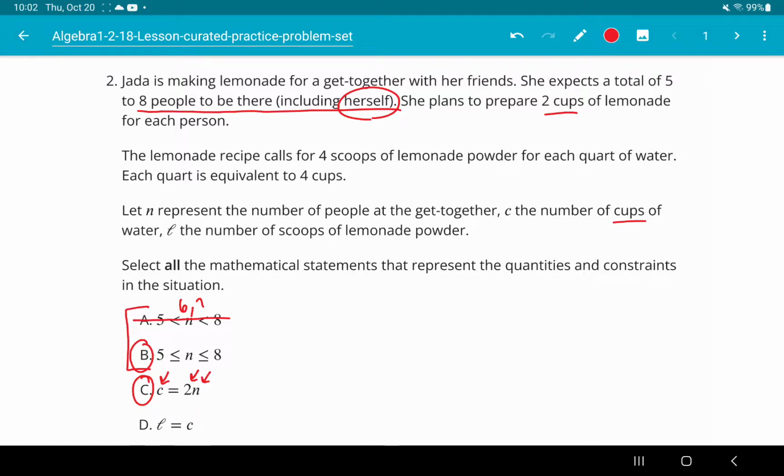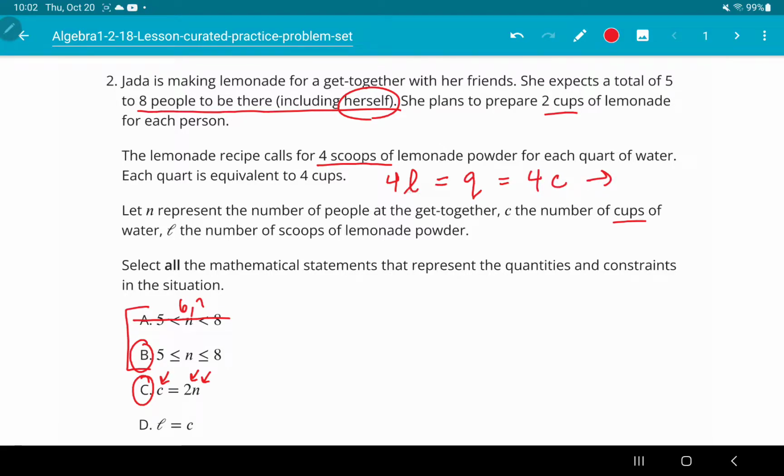And then it says that if there are 4 scoops of lemonade powder for a quart, and each quart is 4 cups, so we have 4 times L equals Q, and then Q is equal to 4C.